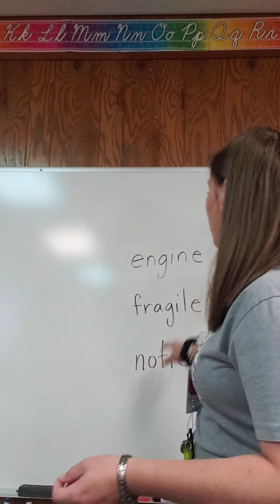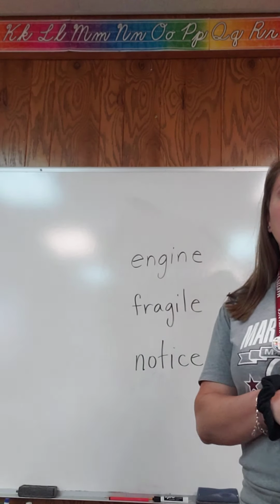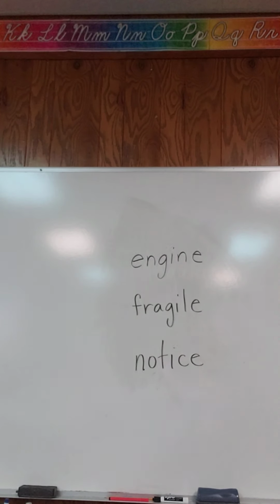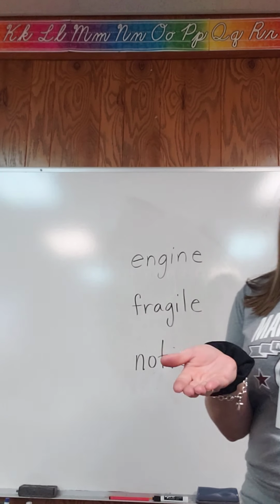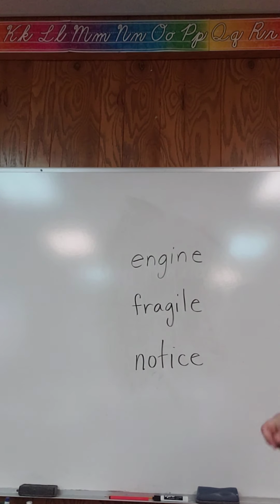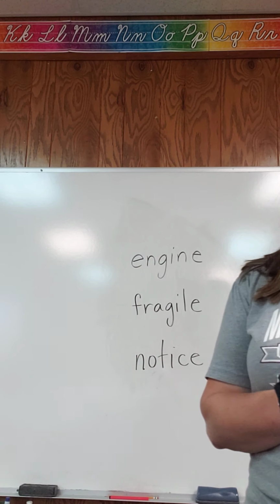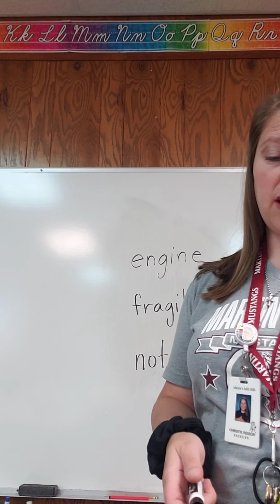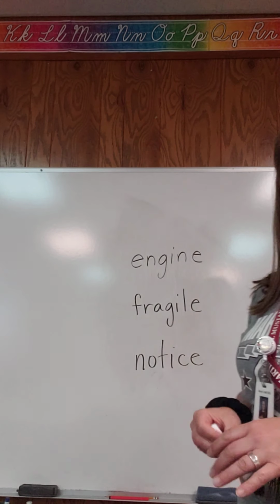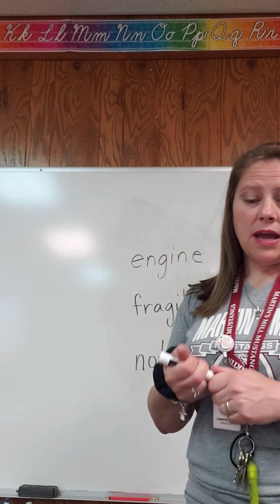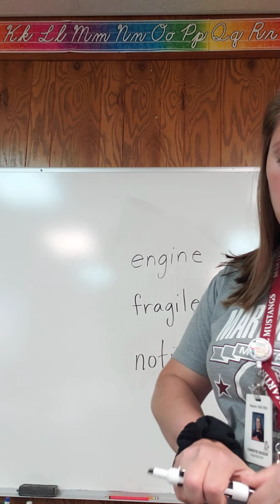So let's start by looking at these three words here on the board. Okay, just take a look at them. You might know what they say, you might not. We're going to go through the process of coding each of these words, and see what happens when we do that.